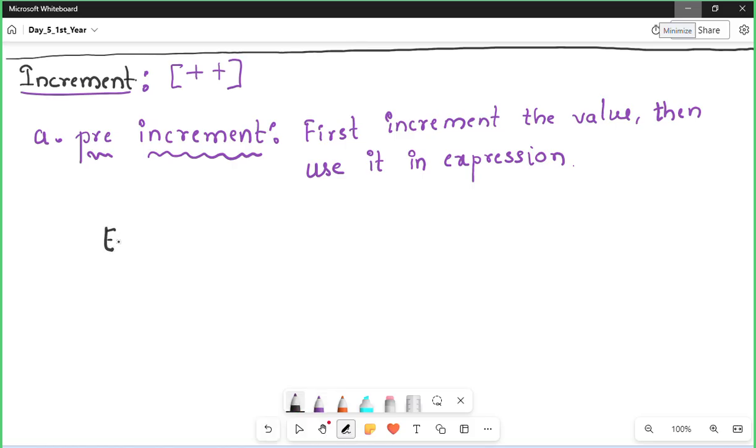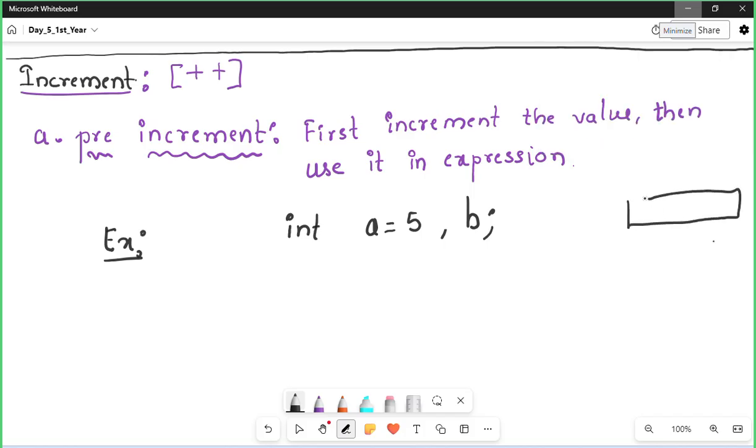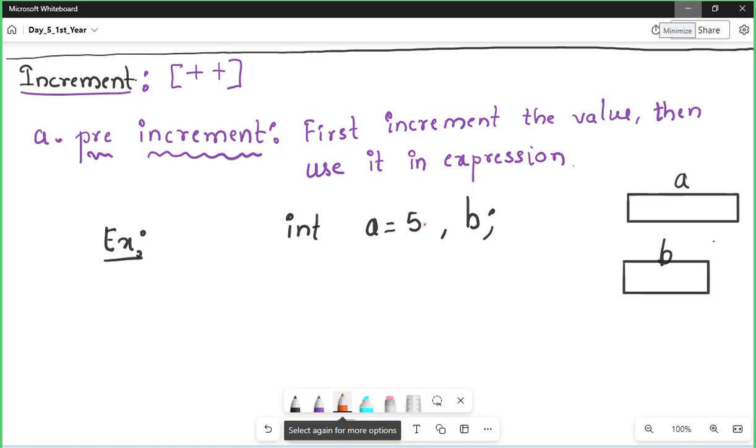Let us take one example here and understand this better. int a = 5, and there is another variable called b. Let's draw the memory of a and b. The value present in a is 5. This is the initial value.